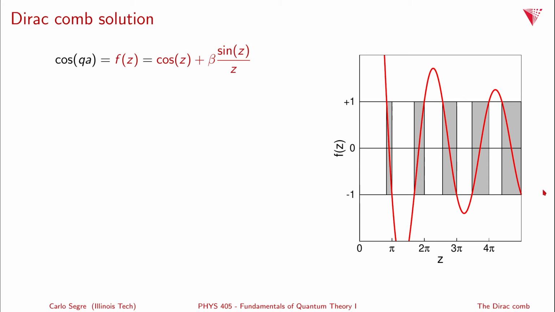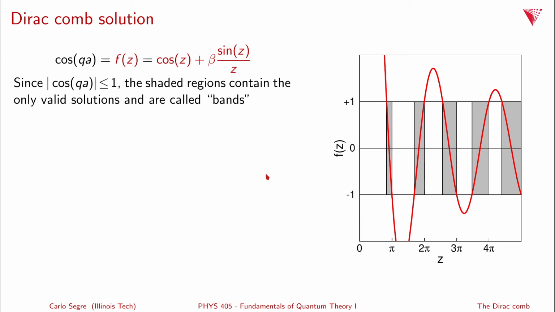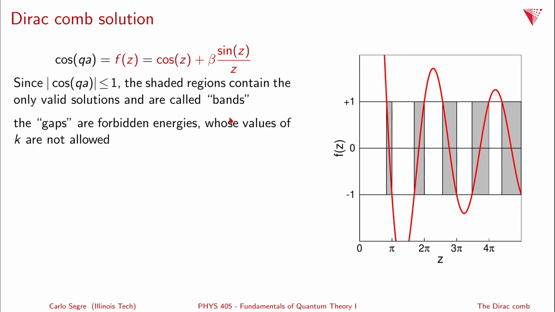And so the only time you get a solution is when these two are equal. And that's within these gray bands. So since the absolute value of cosine of Qa is less than or equal to 1, the shaded regions, these bands, contain the only valid solutions. And the valid solutions then have gaps between them. These gaps are forbidden energies, whose values of K, because K is related to Z, are not allowed.